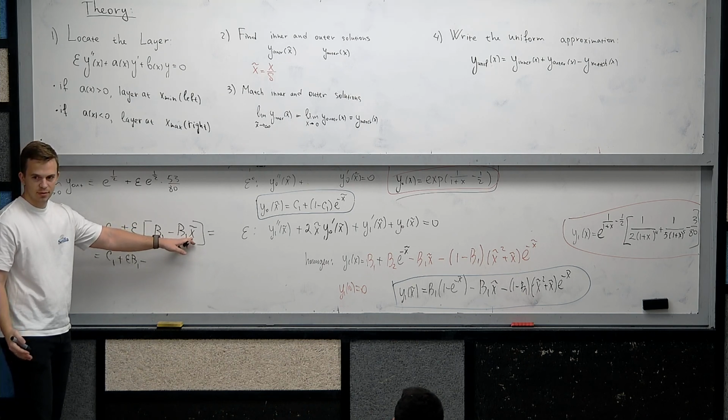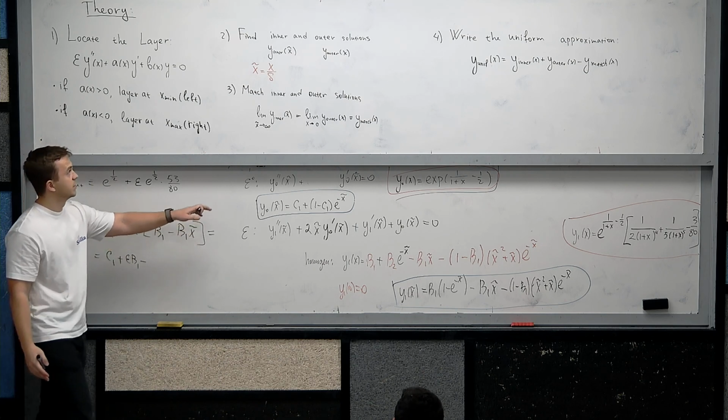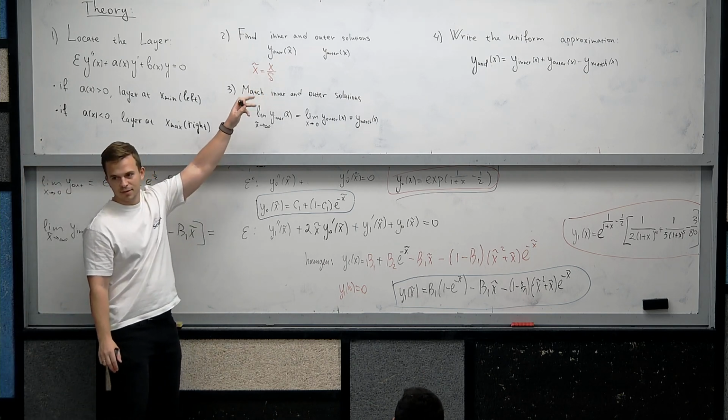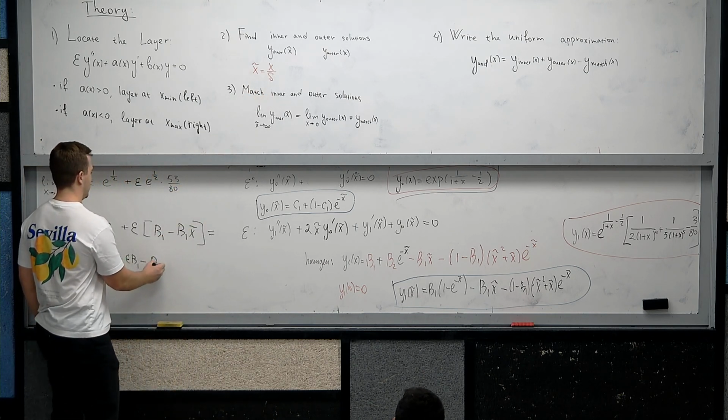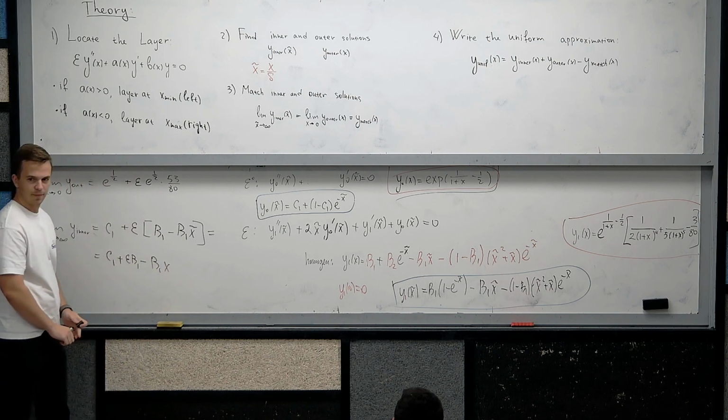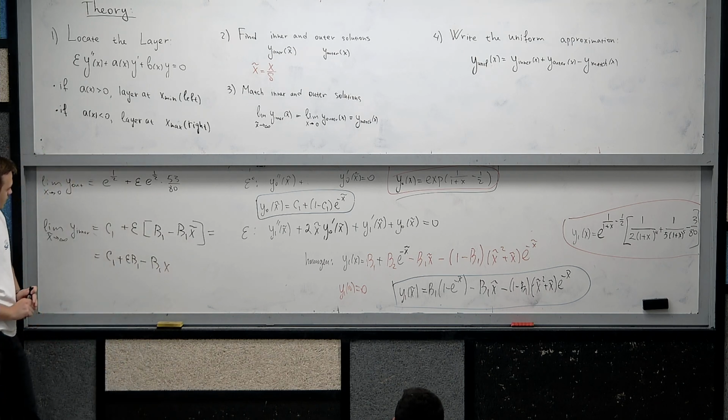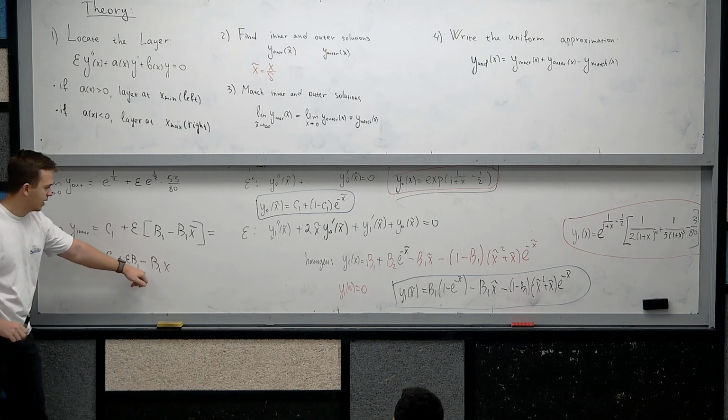It's just x. Because we rescaled it, so it's just x. So B1 times x. And you see that in the leading order, now we have a strange situation. We need to equal the constant to C1 minus B1x.